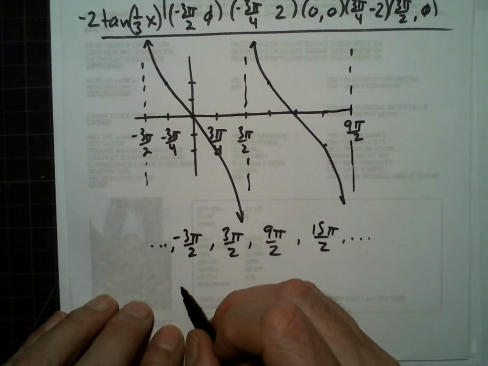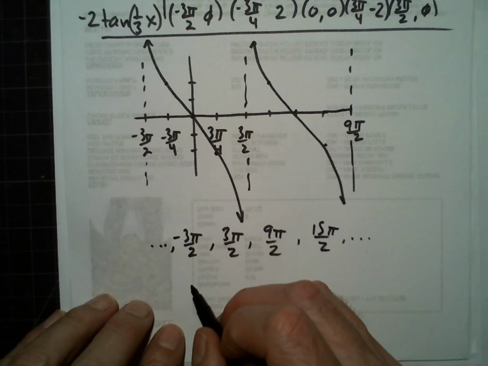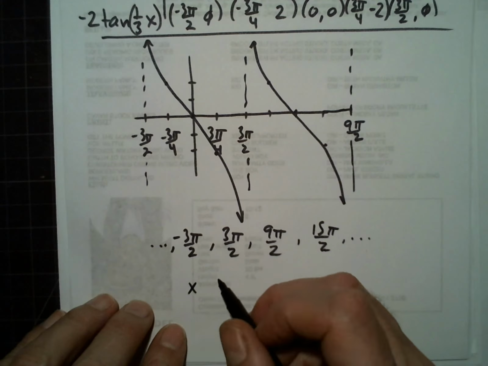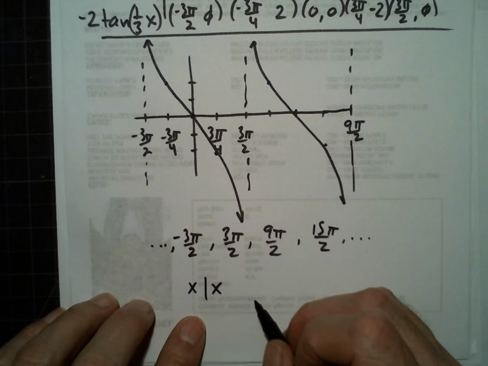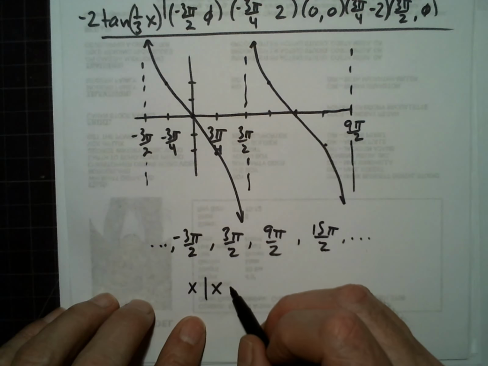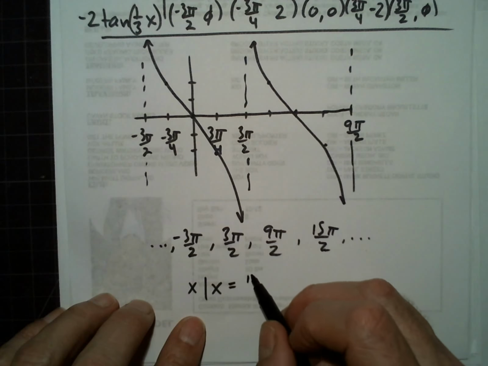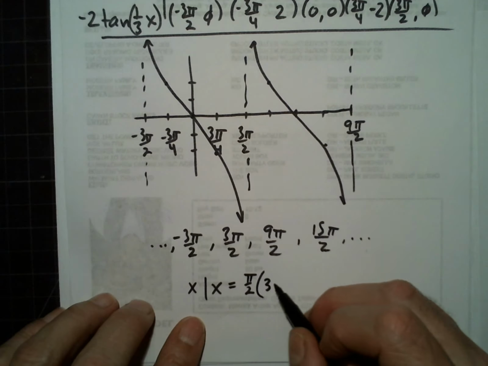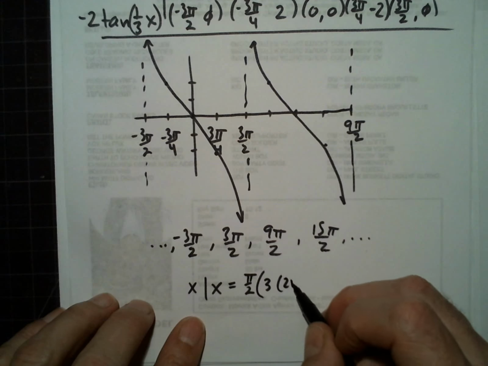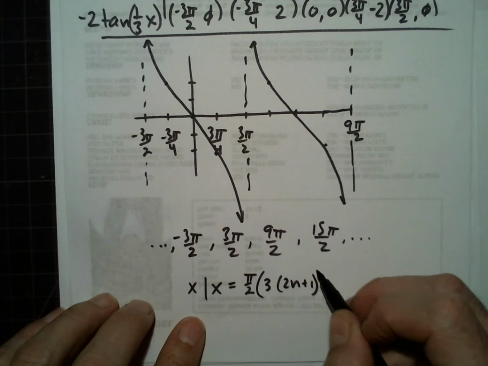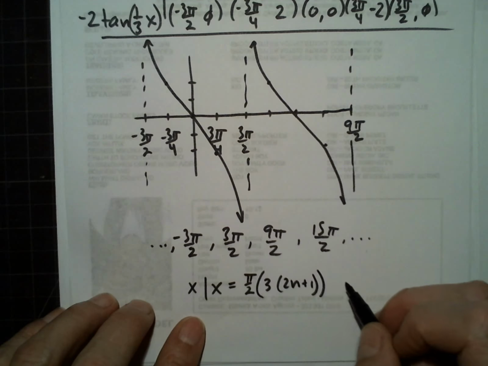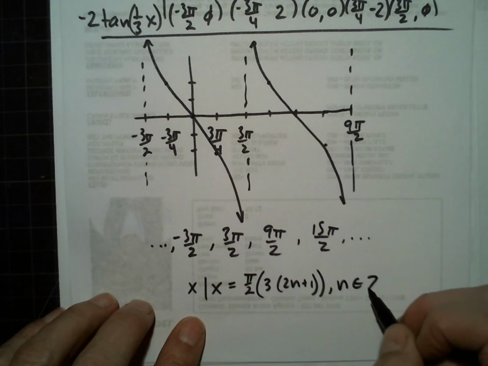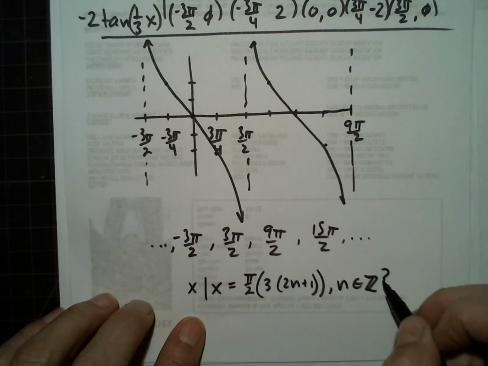So the vertical asymptotes are going to be at x equals pi over 2 times 3 times all the odd numbers, and then we can just have n be an integer.